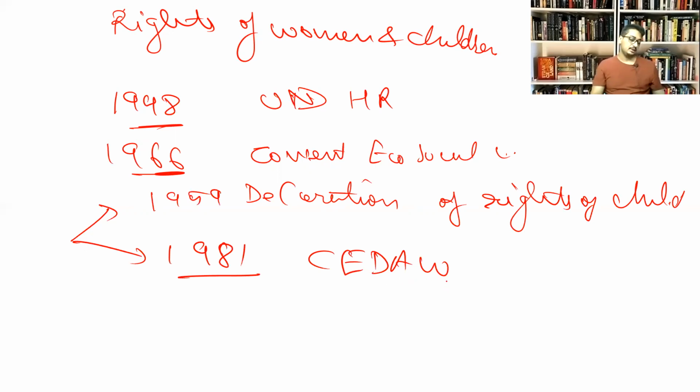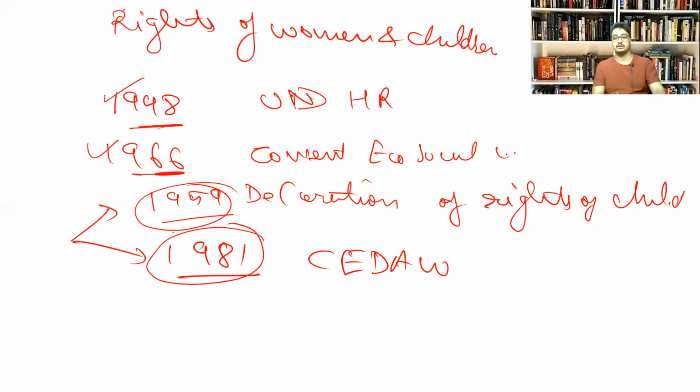With regard to child, we can always start with 1959 Declaration of Rights of Child, and with respect to women, we can go for 1981 CEDAW. Again, in the background, we can mention 1948 Universal Declaration of Human Rights and 1966 International Covenant on Economic, Social, and Cultural Rights. So these are the broad framework.